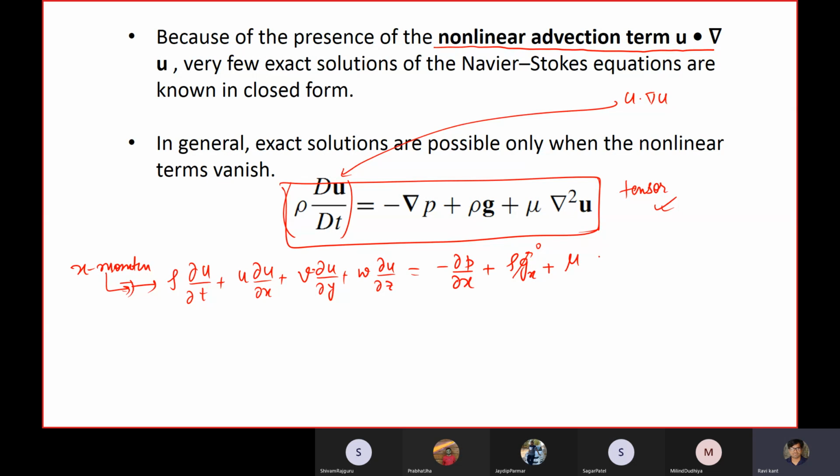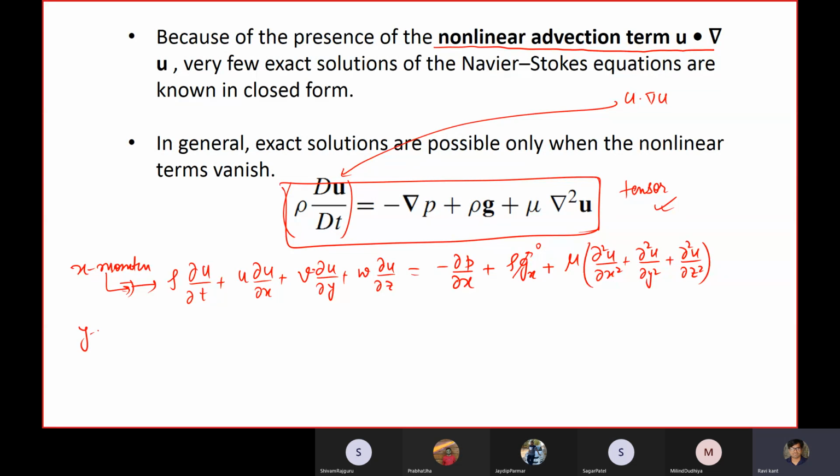So the Laplacian of u is dou 2u by dou x square plus dou 2u by dou y square plus dou 2u by dou z square in the full three-dimensional sense.